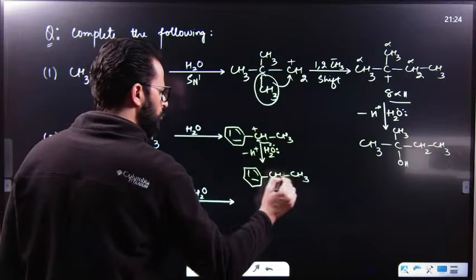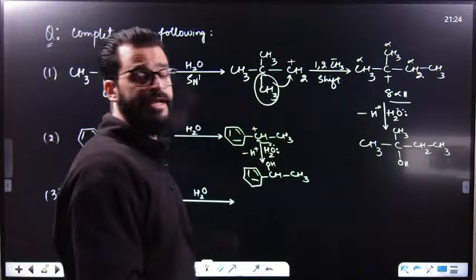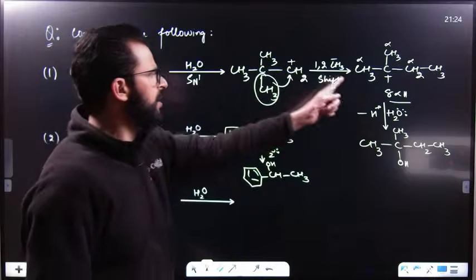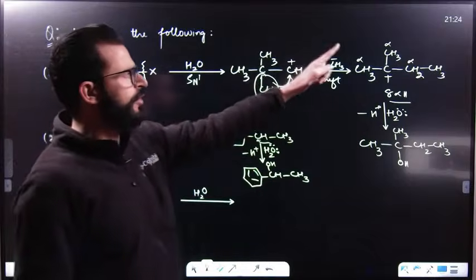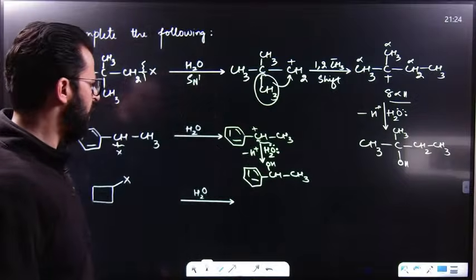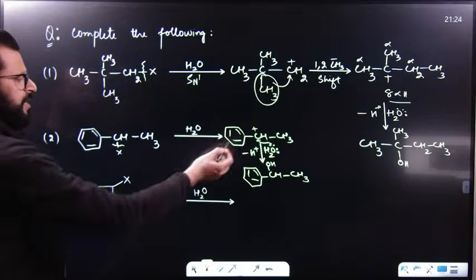So you have to look at the intermediate carbocation and see whether it undergoes rearrangement or not. Here rearrangement takes place, so you have to first form the more stable carbocation, after that the nucleophile will attack that carbocation. Here there is no rearrangement, so it will form directly.